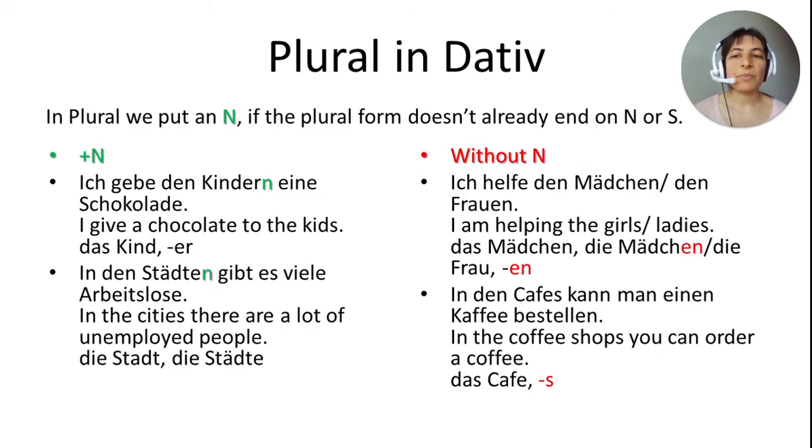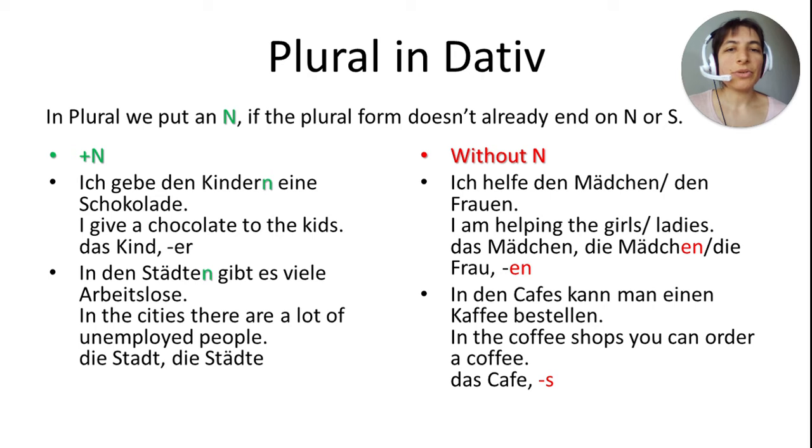But for example, where you don't have n in the normal plural form of a noun, you put an n. For example, ich gebe den Kindern eine Schokolade.